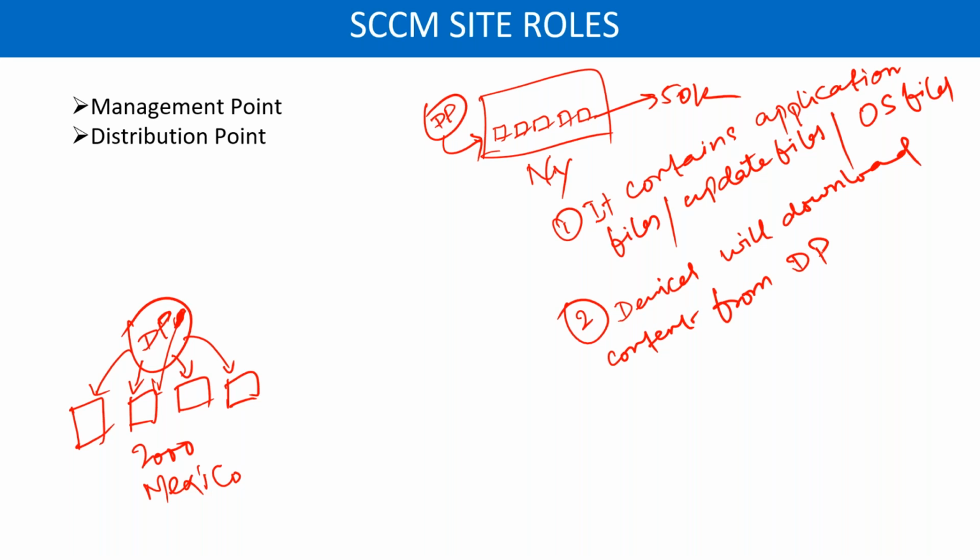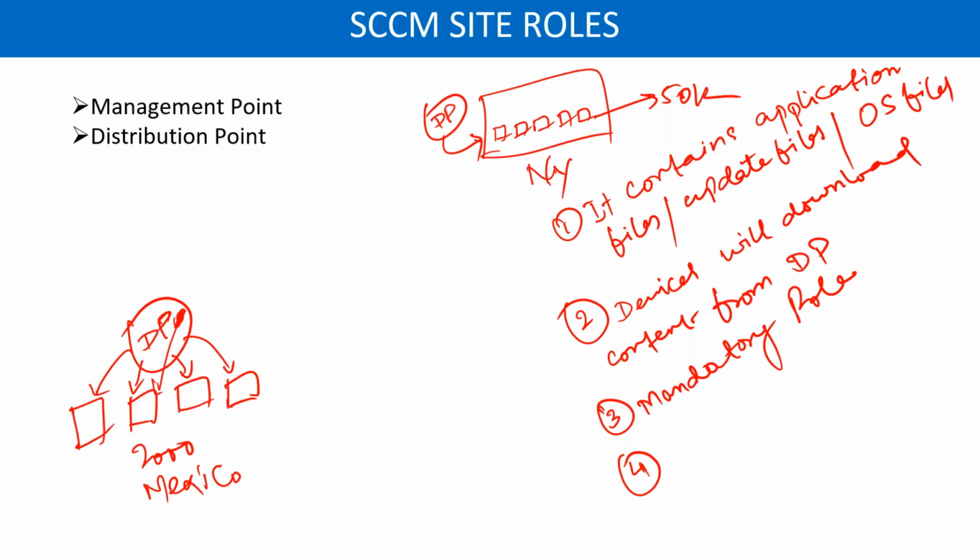Mumbai devices will download from the Mumbai distribution point. London devices will download from the London distribution point. Mexico devices will download from the Mexico distribution point. Point number 3, it's a mandatory role. Without this, you cannot install applications because devices will not be able to download the content.